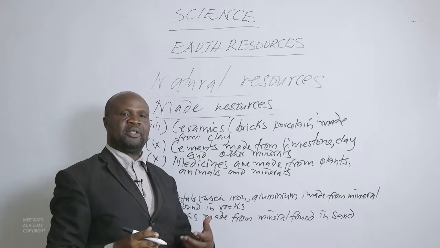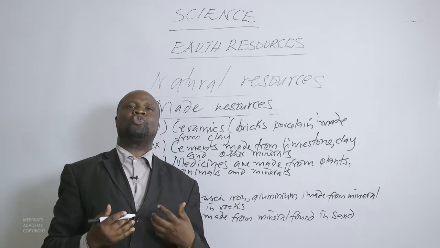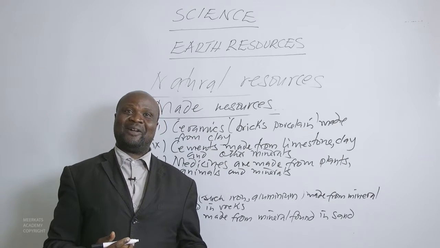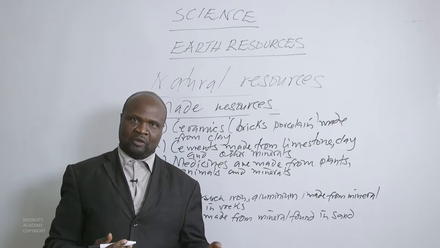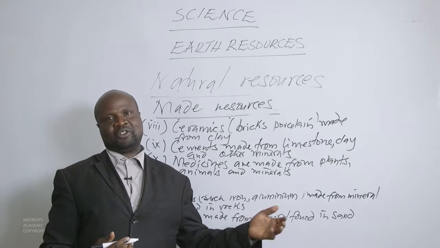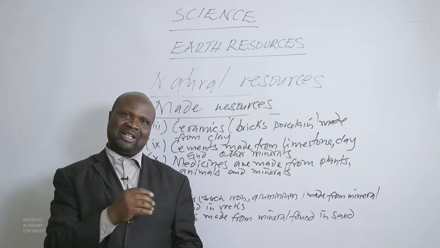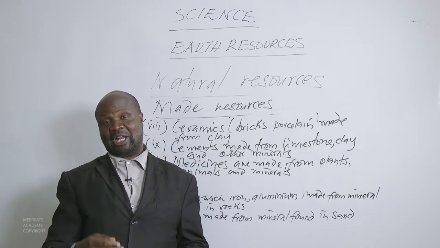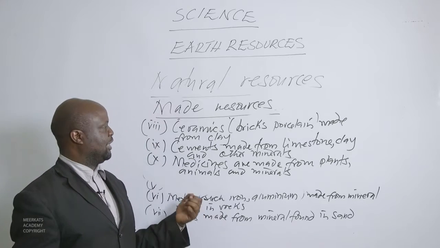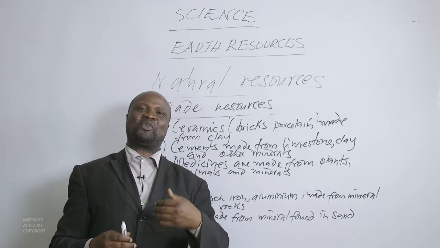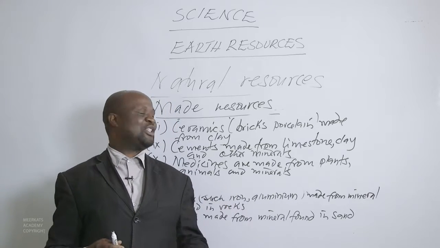So when you're talking about medicine, it is a substance you will use with correct instruction from doctors and so forth, the people who have done the field of drugs. So you will take medicine maybe to correct an imbalance or an illness you have. So medicine is a made resource that we extract from the natural resources that we have.